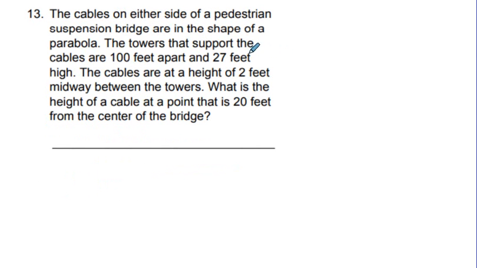13, the cables on either side of a pedestrian suspension bridge are in the shape of a parabola between two towers. The towers are 100 feet apart and 27 feet high. The cables are at a height of 2 feet midway between the towers. What is the height of the cable at a point that's 20 feet from the center of the bridge? So we have here a case of 2 towers whose height is 27 feet, and these towers are 100 feet apart.